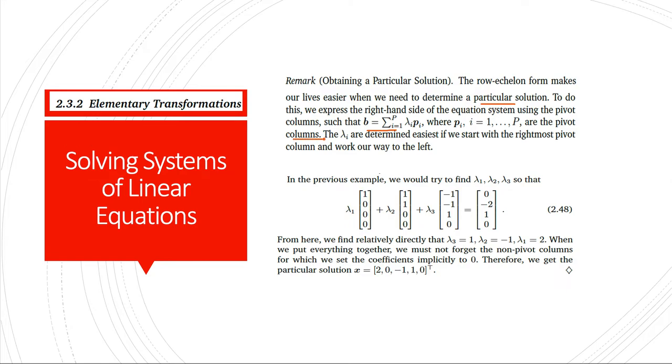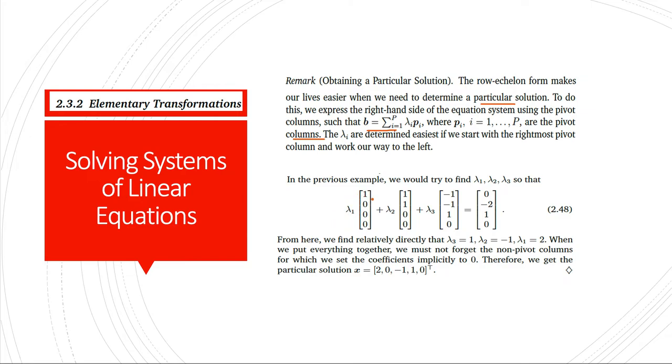The lambda i are determined easiest if we start with the rightmost pivot column and work our way to the left.